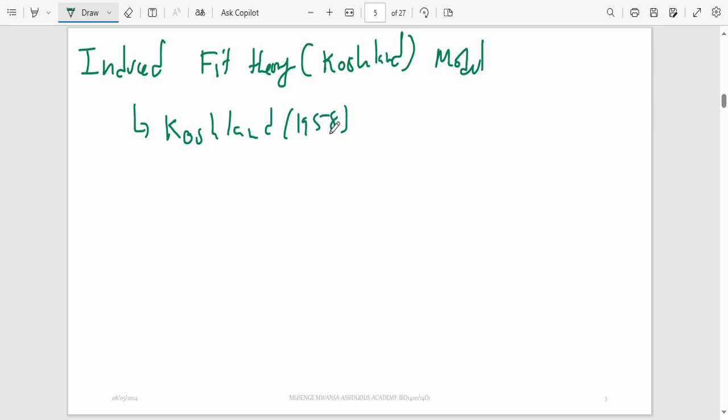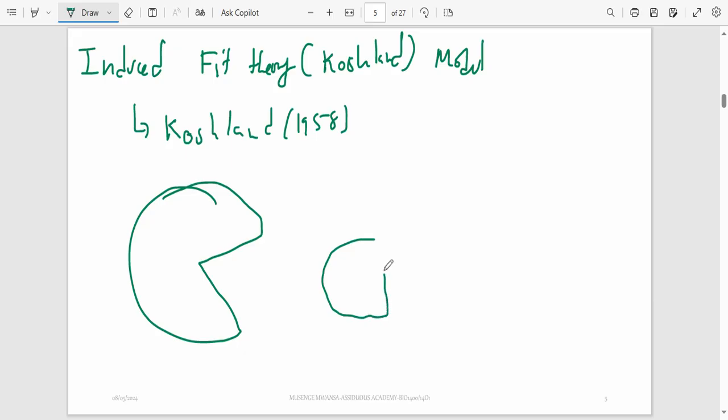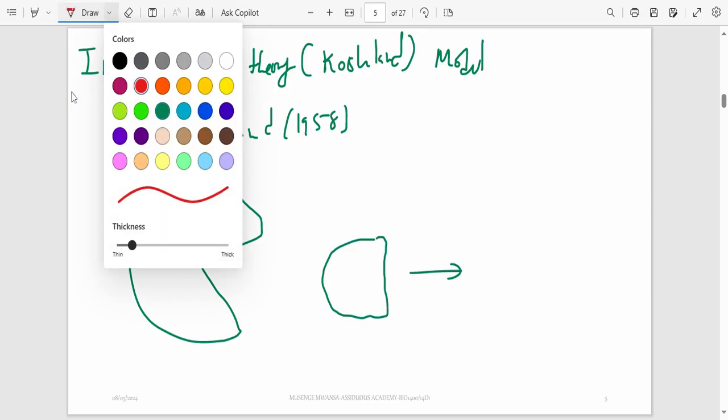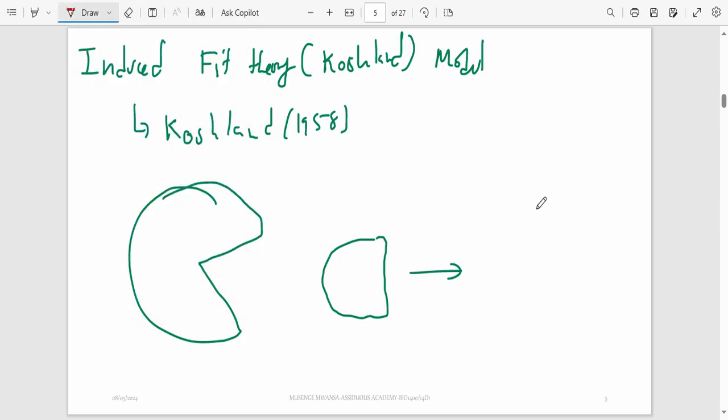1958. So according to the induced fit theory, let's say for example our enzyme is like this, and then our substrate is like this. According to this model, the enzyme is going to change its shape a bit so that it can fit with the substrate.